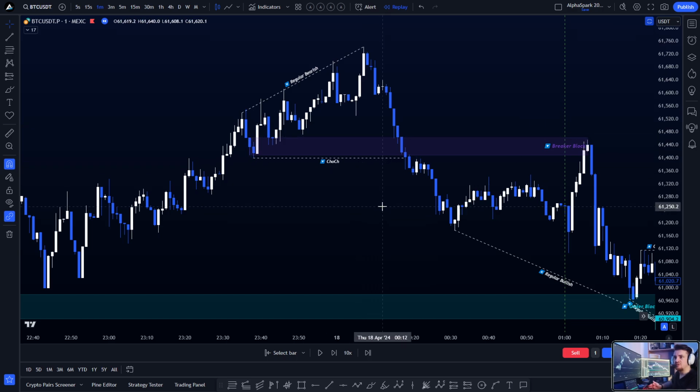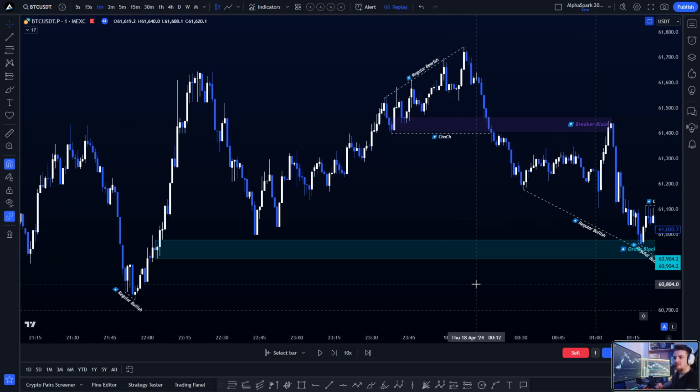Or if you try to get in on the potentially higher probability entry, which would be this, then in this case it's just not worth it in terms of risk to reward.